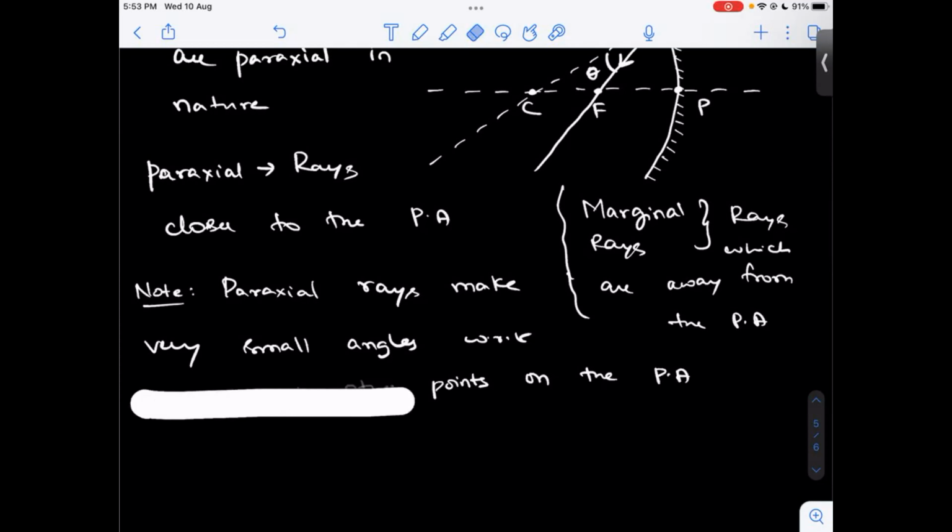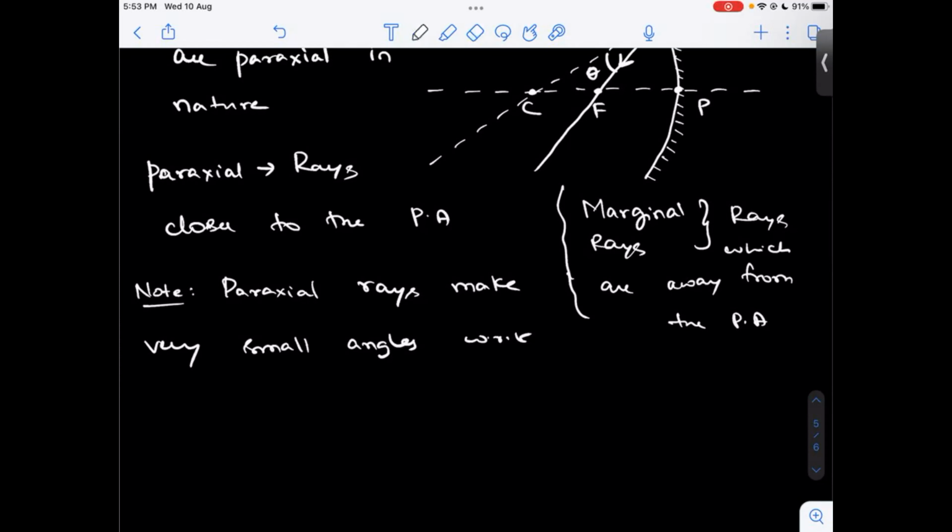A small correction: very small angles with respect to the normal and the principal axis. This is after reflection.